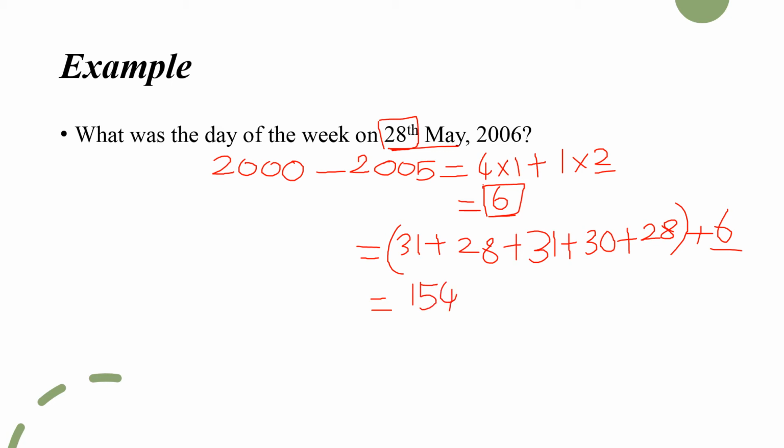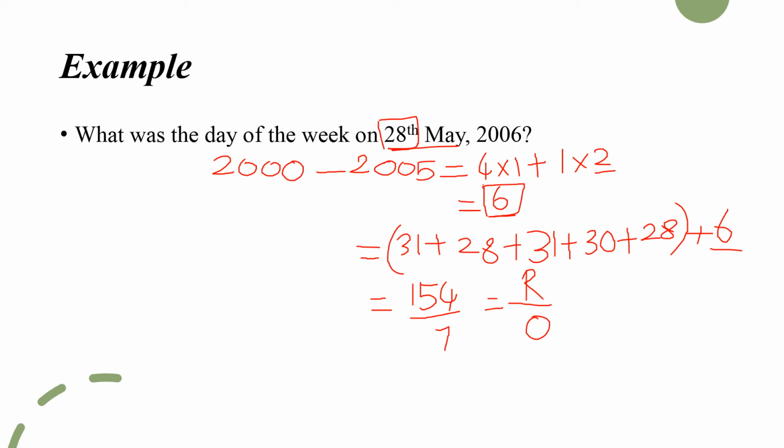Next step, you have to find the extra days for 154 days. For that you have to divide this 154 by 7, and it gives you a remainder of 0. You already know the code of the day table.